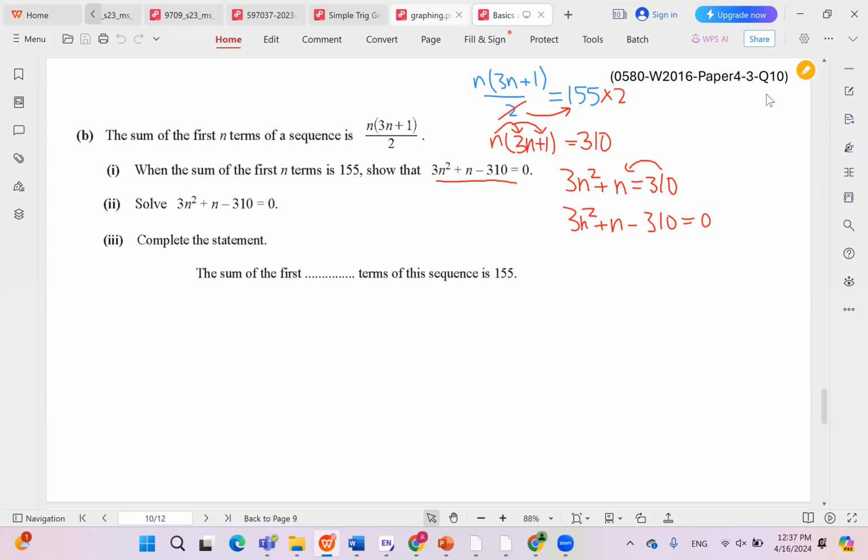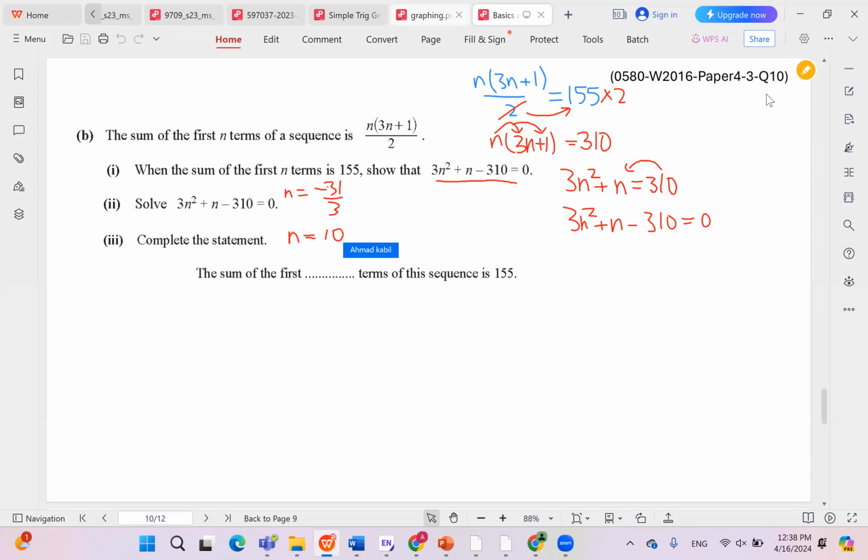So you can just do mode and then select the equation, and then you just put 3 for the A and 1 for the B and negative 310 for the C, and your calculator gets you the values. So we have negative 31 over 3 and 10. So n equals negative 31 over 3, or n equals 10.